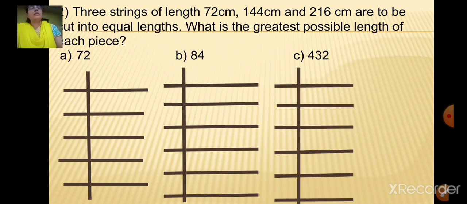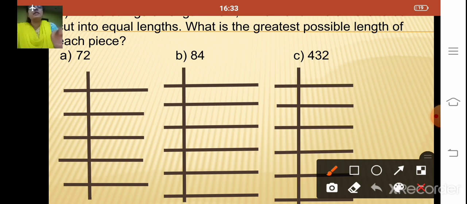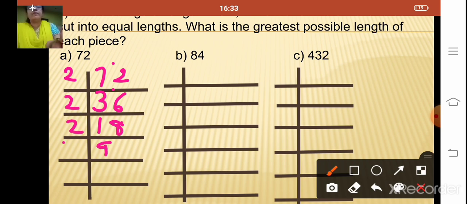Now let me write the numbers. First number is 72. Now 2 is in the ones place, so it is divisible by 2. 2 threes are 6, 2 sixes are 12, 36 again divisible by 2, 2 eights are 16, 2 nines are 18, 3 threes are 9 and 3 ones are 3.